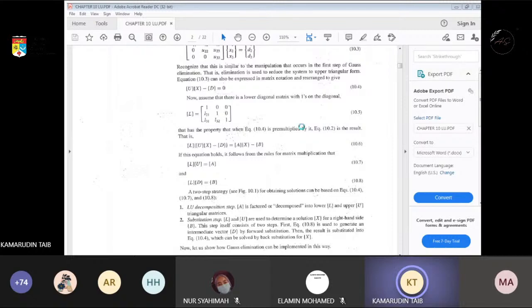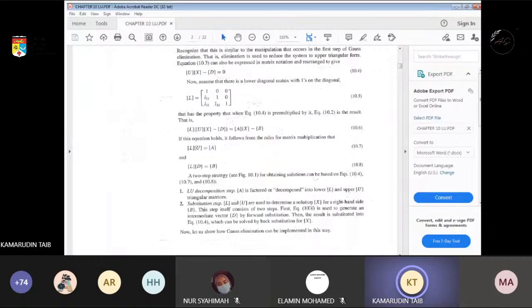Step number 2, the substitution step: L and U are used to determine a solution D by forward substitution. Then the result is substituted into equation 10.4, which can be solved by back substitution to obtain the unknown x.